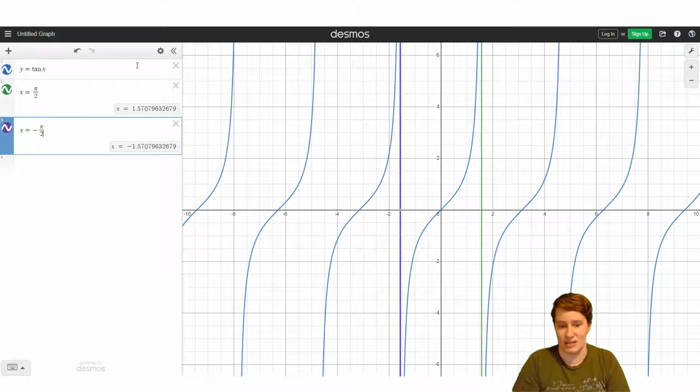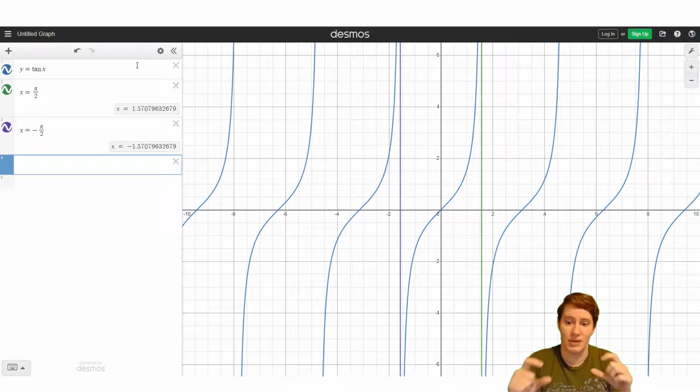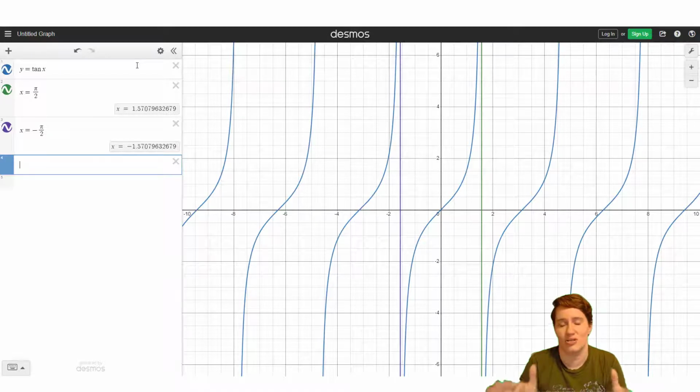And so what that means is that the period of our tangent graph is different than it is for other trig functions. Cotangent and tangent both have a period of pi, because the period of a trig function is how long it takes to have one unique part of your graph. For sine and cosine, we had to go up and then down to have all of our unique values accounted for.